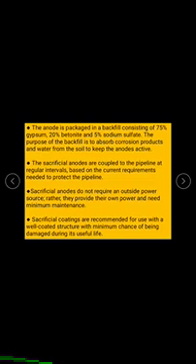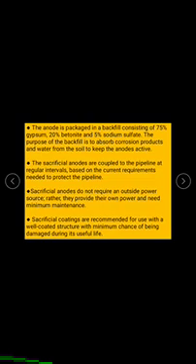Sacrificial anodes are coupled to the pipeline at regular intervals based on the current requirements needed to protect the pipeline. The sacrificial anodes do not require an outside power source; rather, they provide their own power and need minimum maintenance. Sacrificial anodes are recommended for use with well coated structures with minimum chance of being damaged during their useful life.